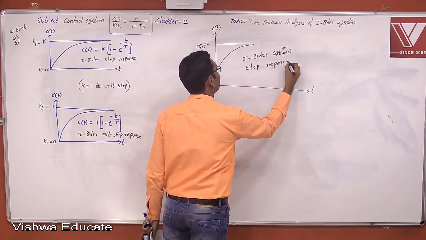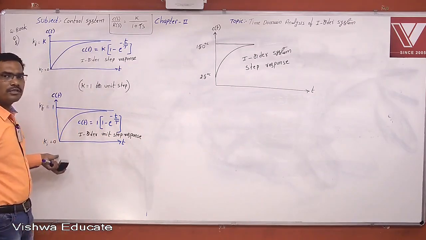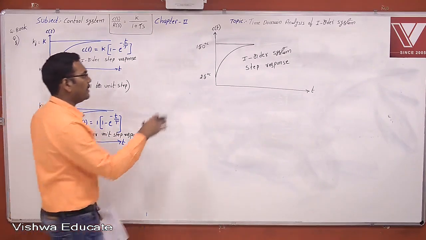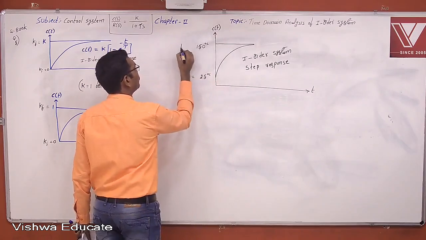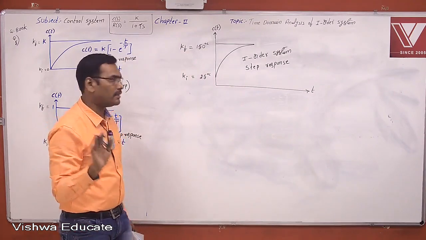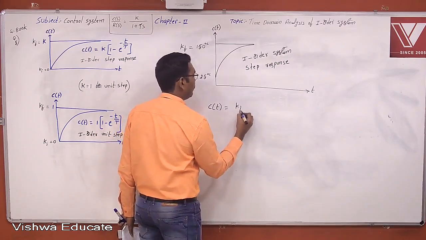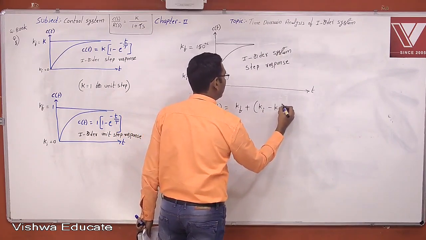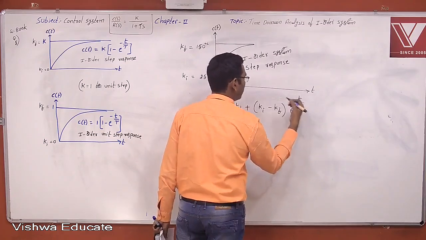But the problem with this question, compared to the previous questions, is that previously the initial value was Ki equal to 0. But here the initial value is not 0. It starts at some level and goes to some other level, so this is the response of the first order system not starting at the rest position. Then that step response is represented as final value plus initial value minus final value into e power minus t by tau, the same one time constant first order.